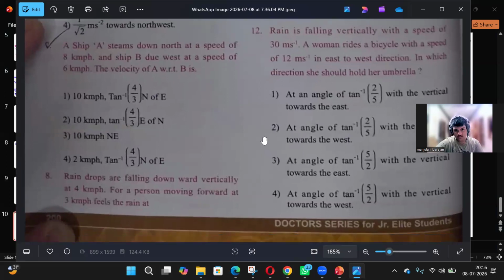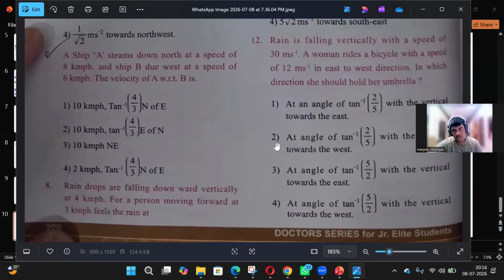Just a minute. At the direction of 5 by 12 towards the east.